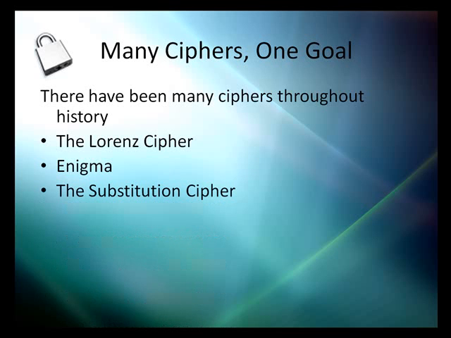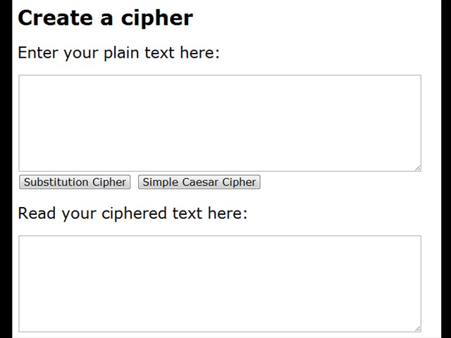Many of us have actually used substitution ciphers. It's a little game we sometimes play. You know, for the letter T, you substitute S or so forth. It's kind of like the Cracker Jack code ring that we used to all play with. Here is an example of a substitution cipher. In here I type my name, and then I hit this substitution cipher button, and it creates my substitution cipher.